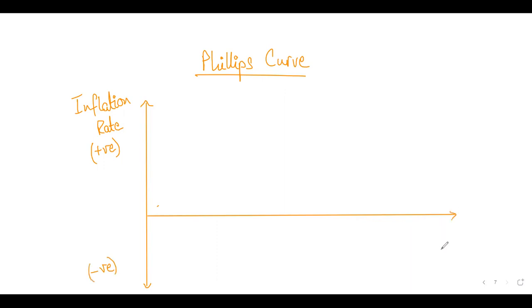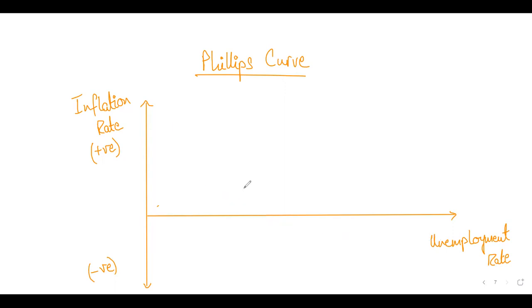And what we have on the x-axis is our unemployment rates, like how many people are out of work and what percentage of people are looking for work, unemployment rate, right? Okay, now let's have a look at this. The idea is that what he observed by plotting the values of the two variables was a downward sloping curve like this.